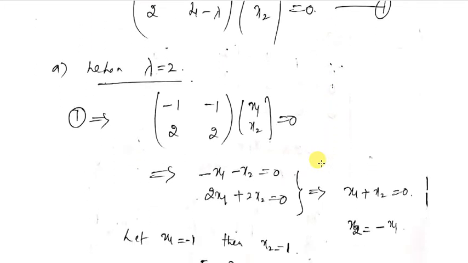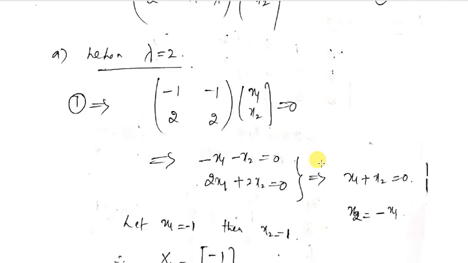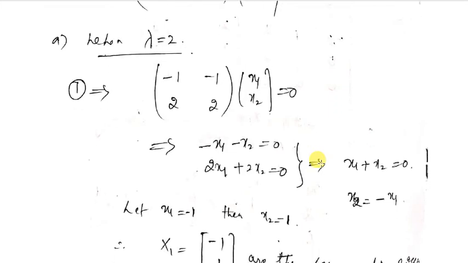Here two cases will arise. Case 1 when lambda is equal to 2, case 2 when lambda is equal to 3, right? We will get the corresponding eigenvectors as capital X1 and capital X2. So the case when lambda is equal to 2.